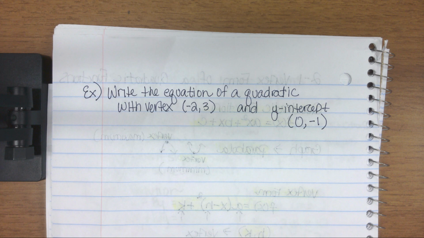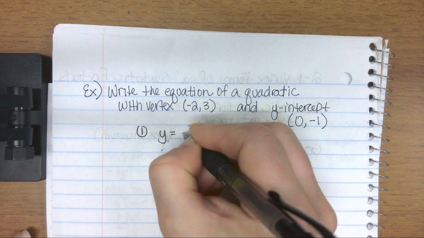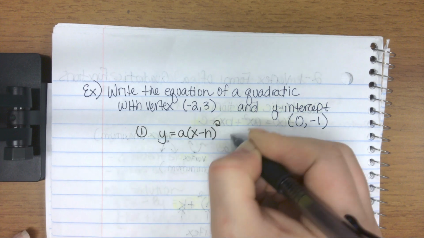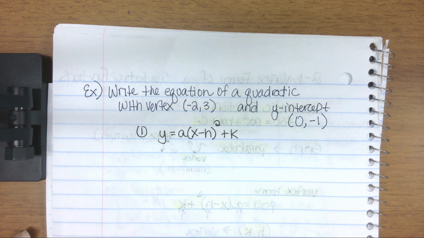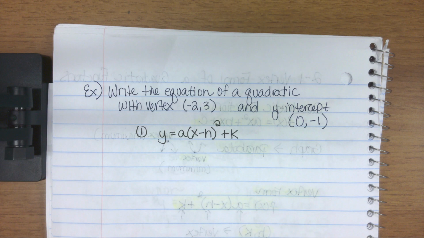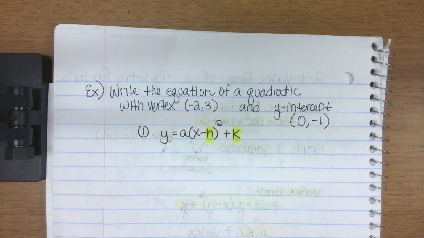So I'm going to number these steps because this is a multi-step problem, so if you refer to it later. The very first thing you're going to do is you're going to write down vertex form. You are going to plug in your vertex for H and K.